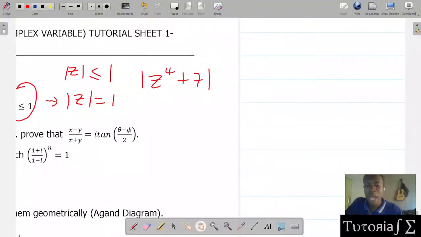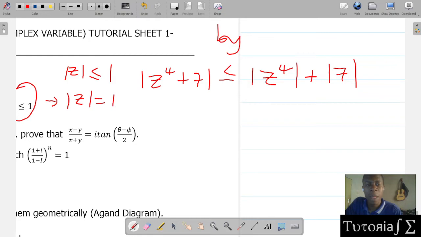So now we are going to use the triangular inequality and say this is less than or equal to modulus of z to the power 4 plus modulus of z. So by the triangular inequality, that is equal to that.